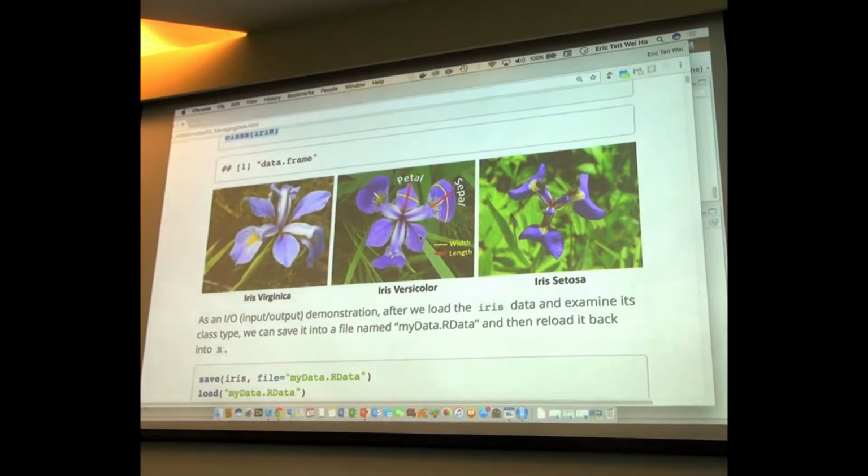Ronald Fisher, the famous statistician, who analysis of variance came out of, looked at this data set. It has 50 plants of 3 different taxa for which it recorded the petal width and length, and then the sepal width and length.